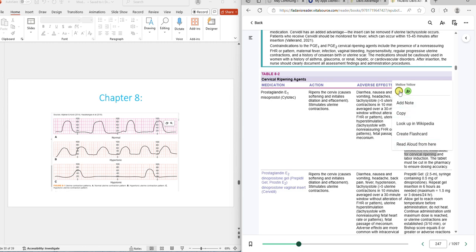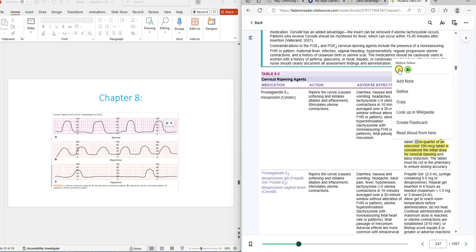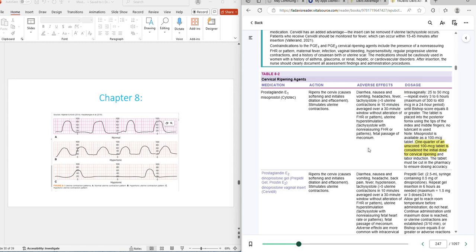We watch the strip, watch the mom, see how she tolerates it, and sometimes we have to retrieve it if it's too close to the cervix and she has some hypertonic contractions, okay, which remember are these over here, all right? And then we also use something called a Cervidil.